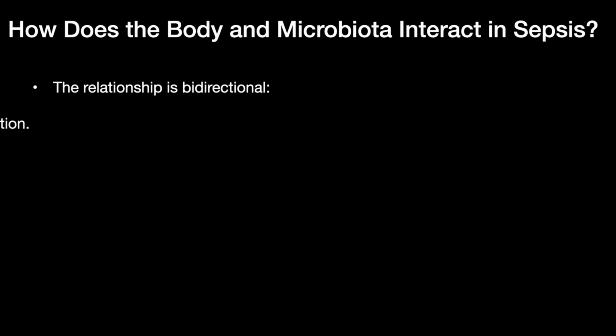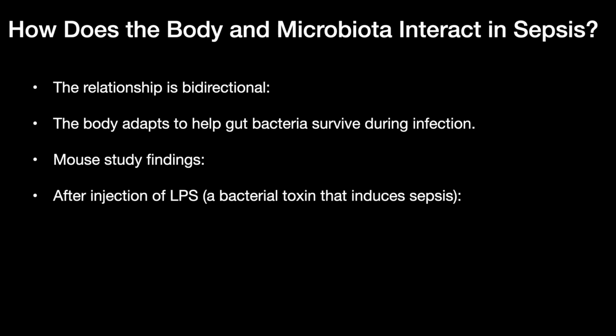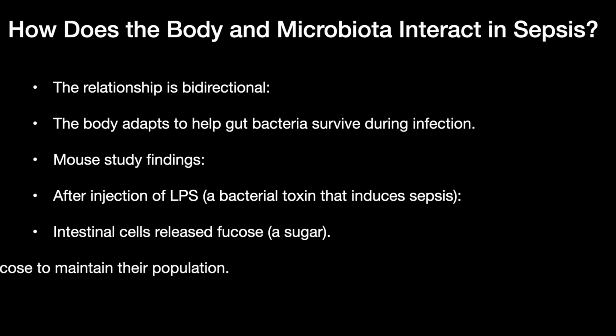So how does this interaction really impact? The relationship is bidirectional. The body adapts to help the gut bacteria survive during the infection. Studies in mouse have shown that after injection of toxins that induce sepsis, intestinal cells release a sugar, that is fucose.